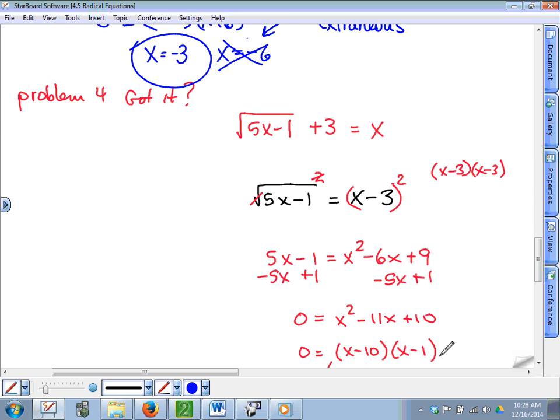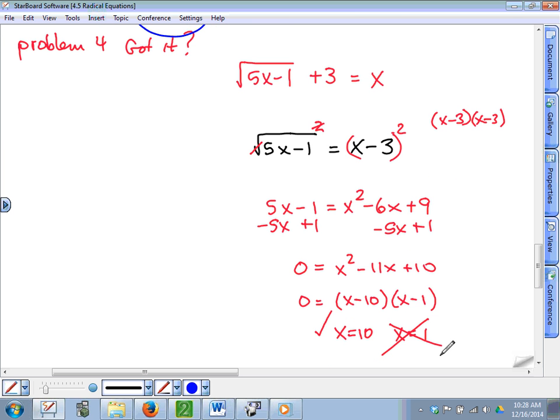That factors into x minus 10 multiplied by x minus 1. So your two solutions are x equals 10 and x equals 1. If you check them, 10 works. If you plug it back into the original problem, 10 works, 1 does not.